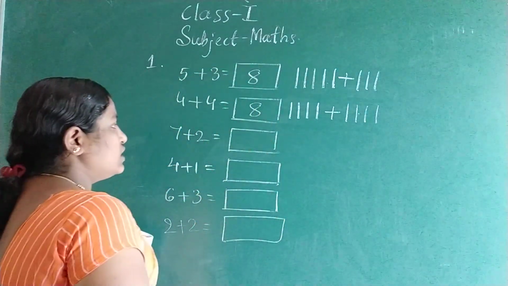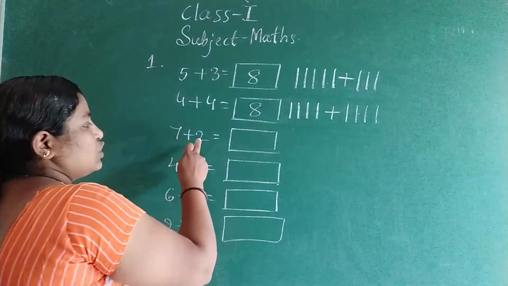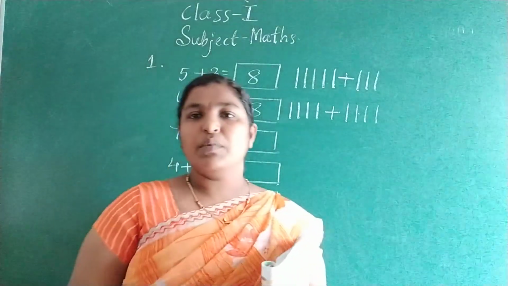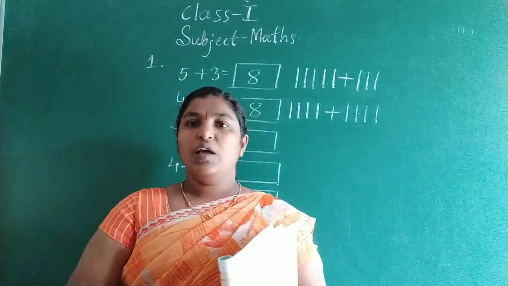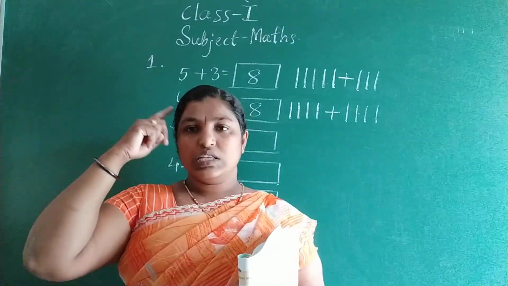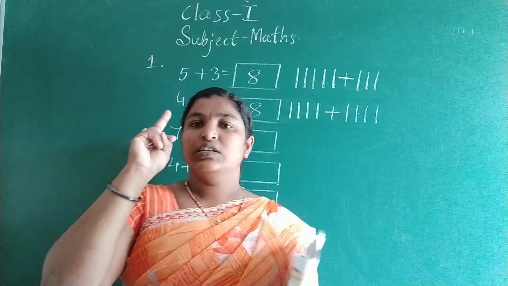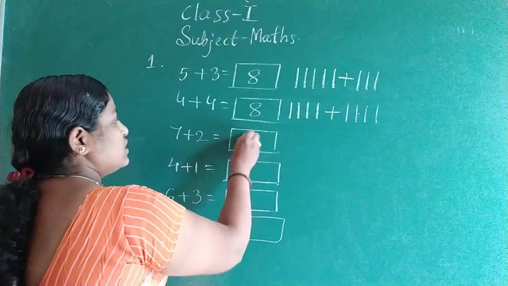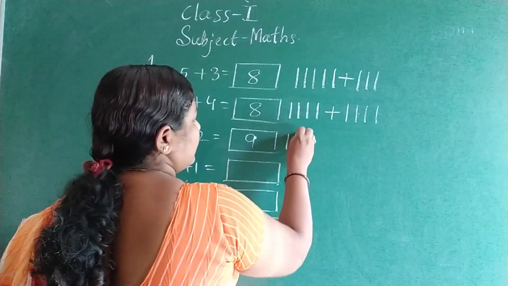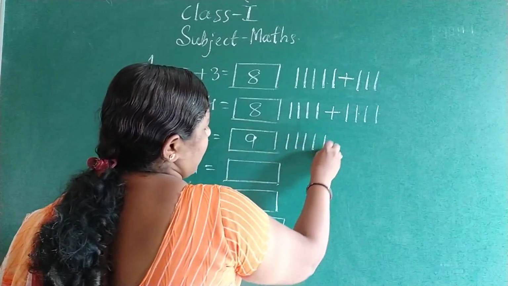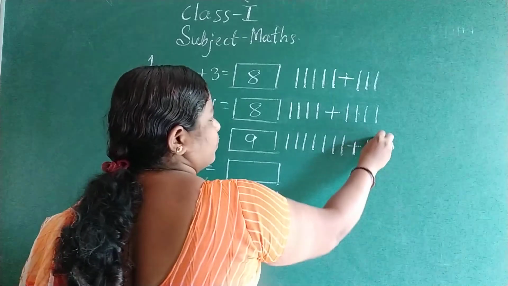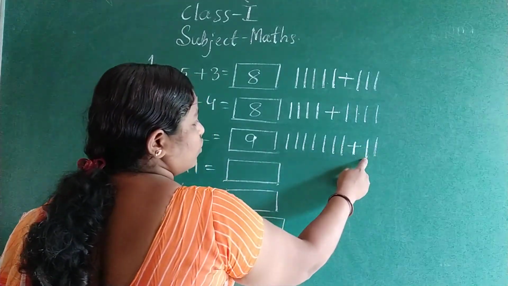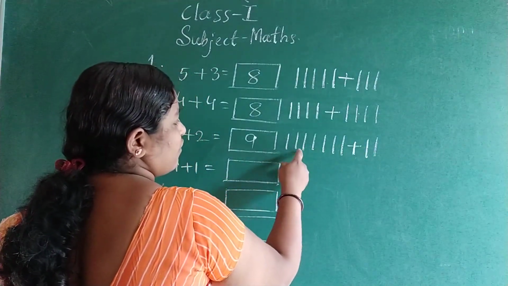So the answer is 8. 7 plus 2. Which is the big number? 7. Keep that in your mind. 7, 8, 9. So the answer is 9. 1, 2, 3, 4, 5, 6, 7 plus 2. Count all. 1, 2, 3, 4, 5, 6, 7, 8, 9.